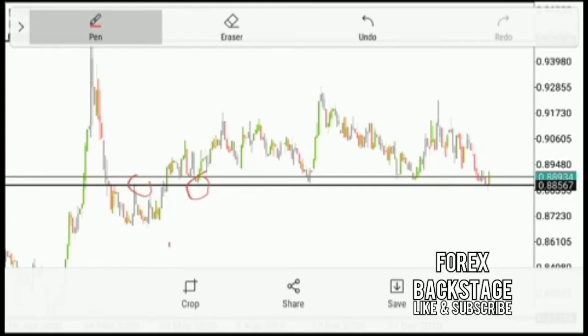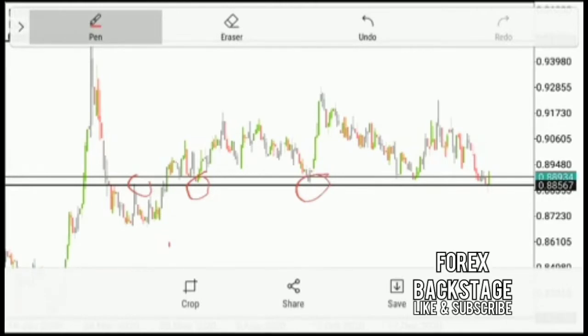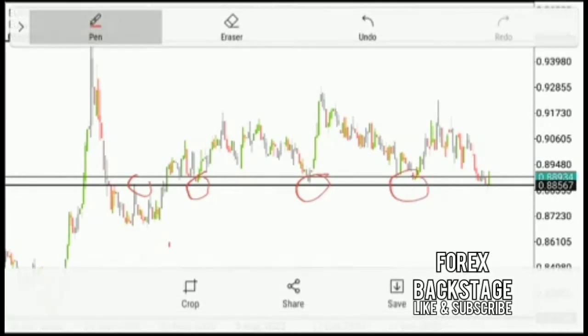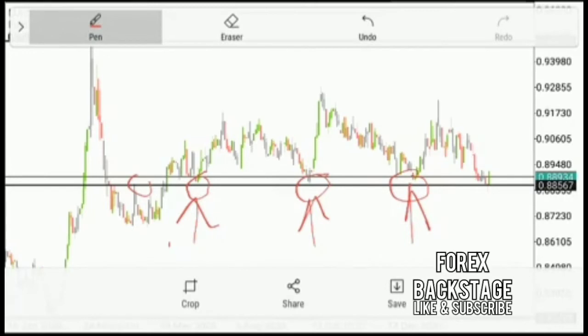And then we have another rejection over here. You see, we have 3 rejections already. Then we have 4 rejections. You see how this zone is so very strong. The market has been pushing, we've been having more push of bulls pushing the market upwards.